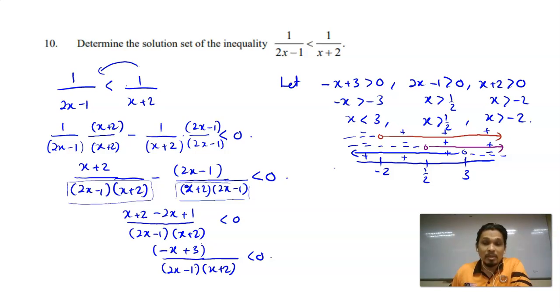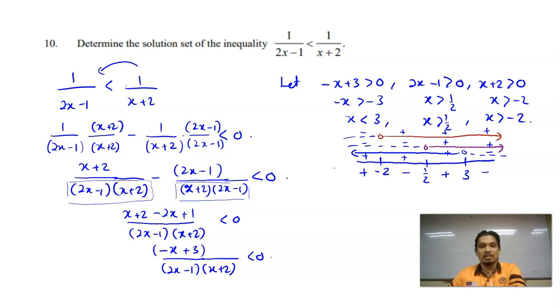We know that a positive value multiplied with a negative value equals negative, and negative divided by negative equals positive. I do hope that all of you remember that. So now negative multiplied by negative, positive; positive divided by positive, positive; positive divided by negative, negative; multiplied by positive, negative. Positive, and negative.